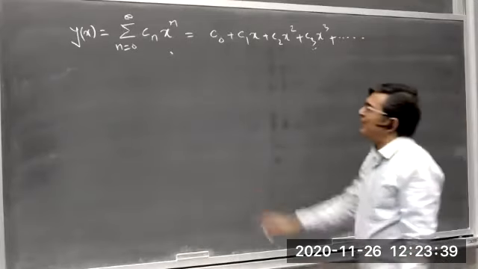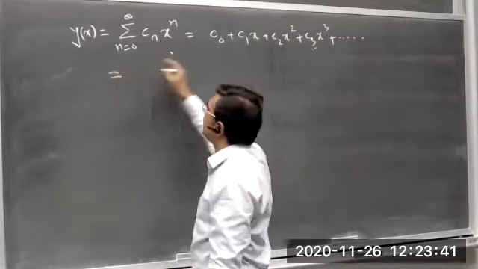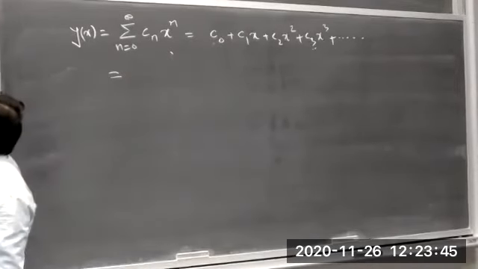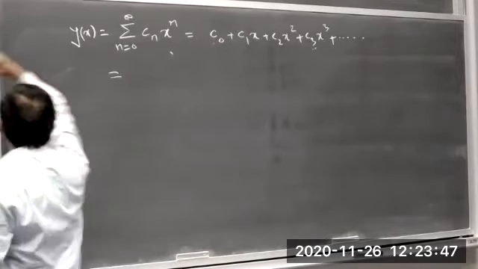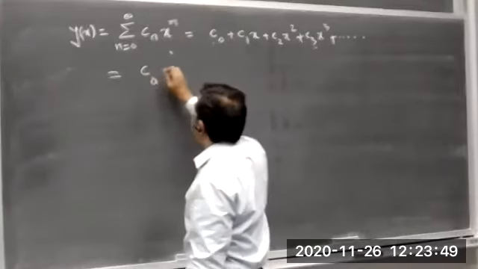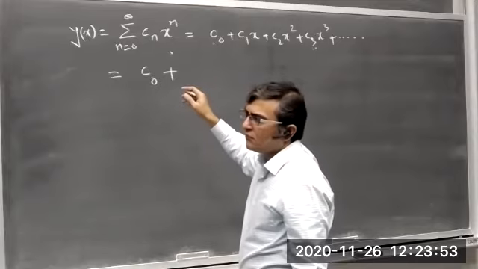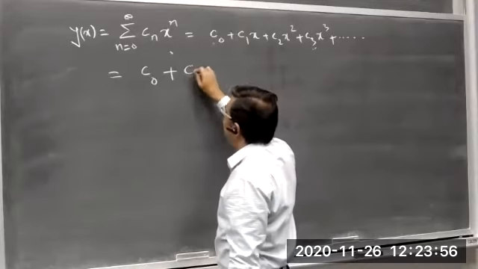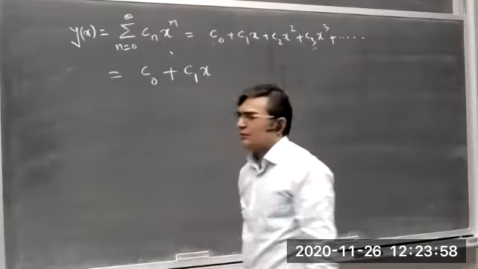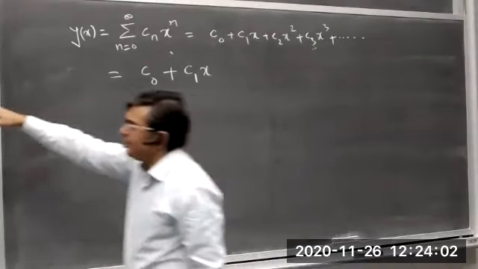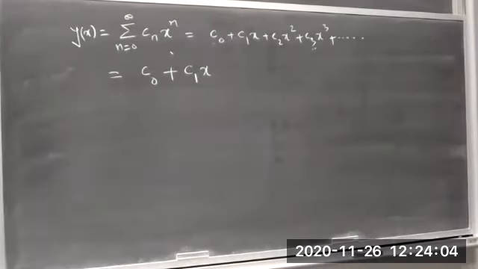Now, inserting the values of the constants. c0 is basically unknown. We cannot have the value of c0, so c0 remains c0. And c1 is also unknown, so it remains c1. Because c2 is 0, we can find the constants from c3, c4, c5, and so on.